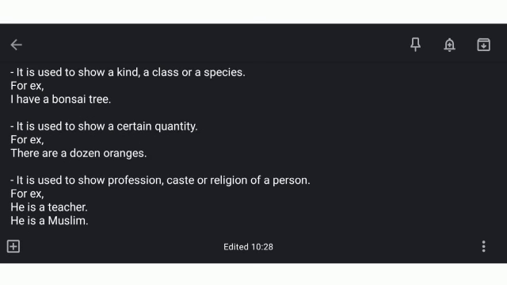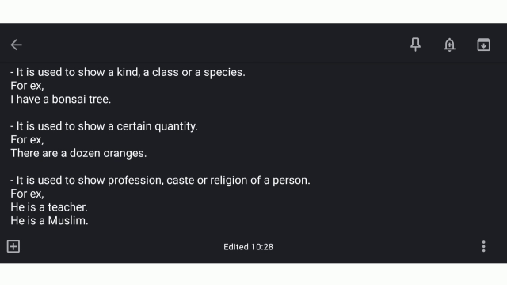The next use of a is to show a kind, a class, or a species. For example, I have a bonsai tree. We use a to show a kind, a class, or a species of a particular thing. Bonsai tree is a different category of trees. Overall, it is known as bonsai.